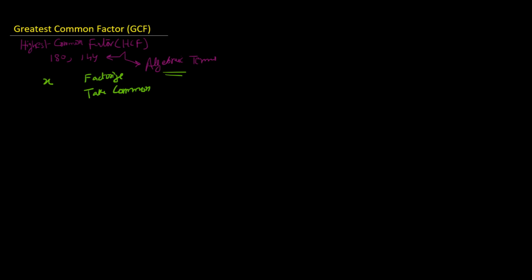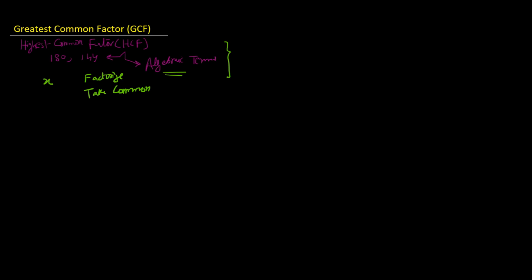So in this lecture, we will talk about numbers, how to find the greatest common factor between two or more numbers. And then later in the lecture, we will discuss how to find the greatest common factor between two algebraic terms. I am mentioning both these concepts side by side so you can understand that the same concept of HCF can be used in two different scenarios.